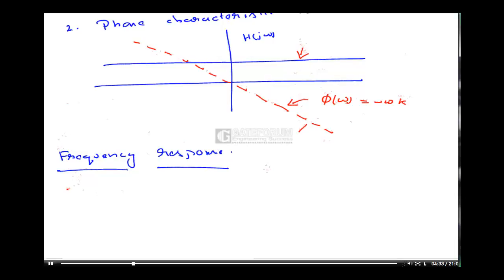Generally, the response of any linear time invariant system can be written using convolution.